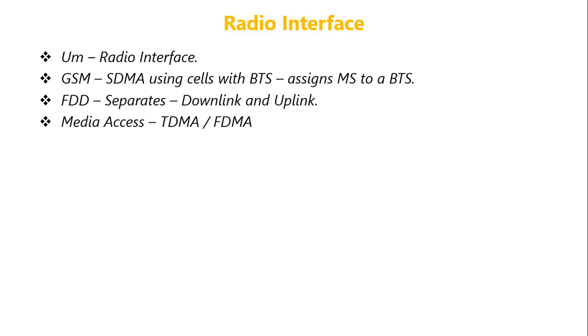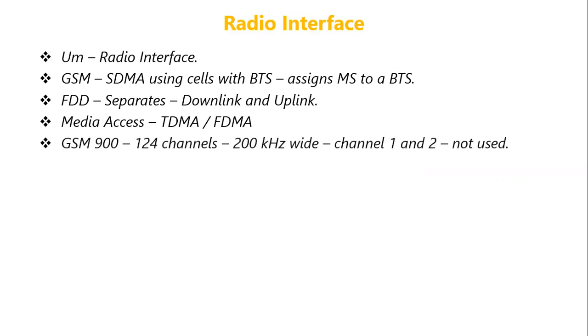If we see GSM 900, it has 124 channels, and each channel width is 200 kilohertz, used basically for FDMA, frequency division multiple access.